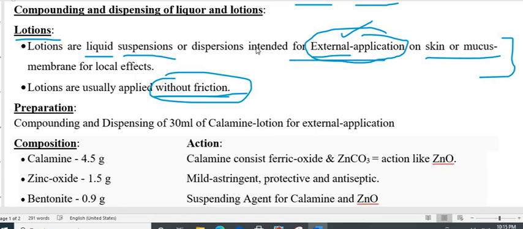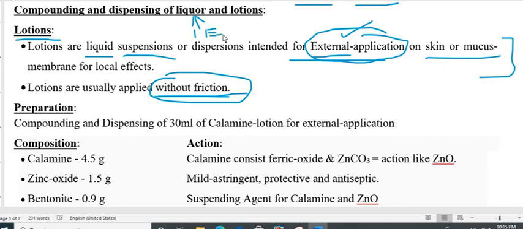When you compare the lotion with the liquor, also called solution, liquors are used for both internal as well as external use.